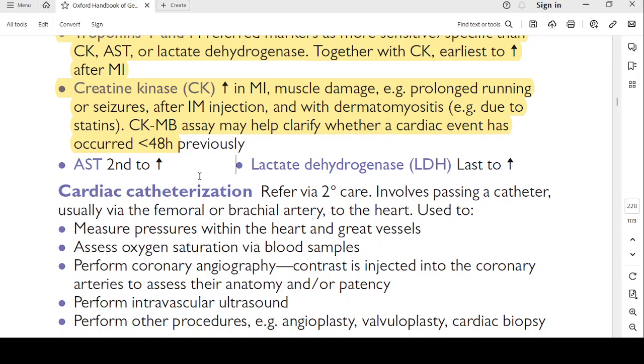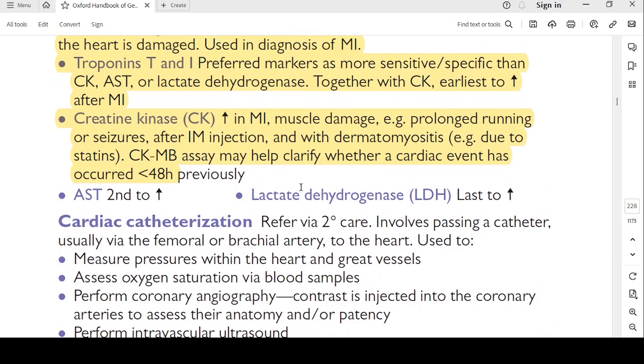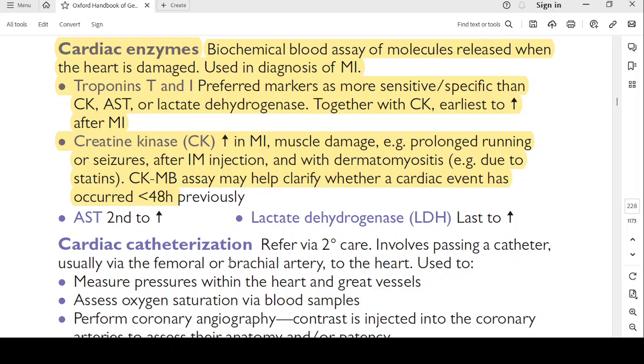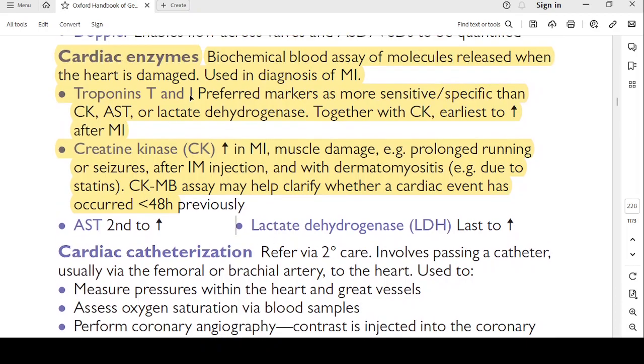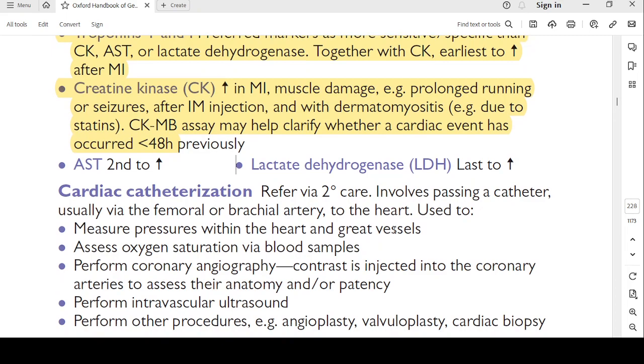AST is second to increase. Lactate dehydrogenase is the last to increase. So first to increase are troponins T and I, next along with creatine kinase, less than 48 hours. Troponins are immediate, and AST is the second to increase, and LDH is the last to increase.